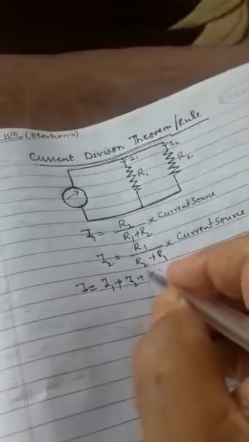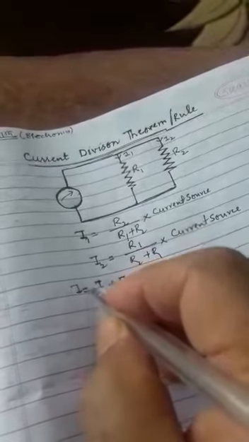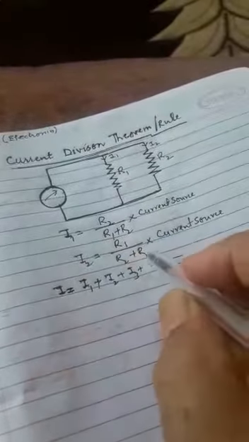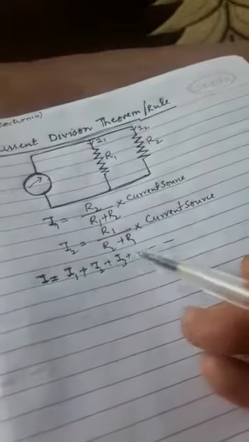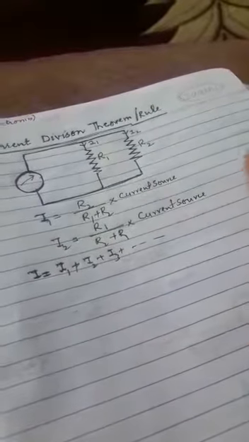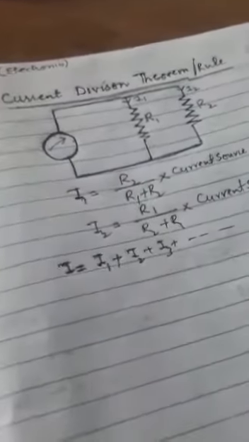However many resistors we may connect in parallel, those currents are being taken in divisions, that means they are being separated in divisions. We are taking I1 plus I2 plus I3 and so on. So here is the same case.